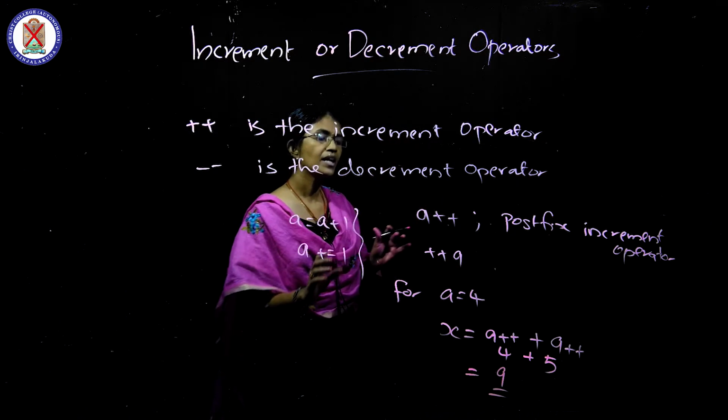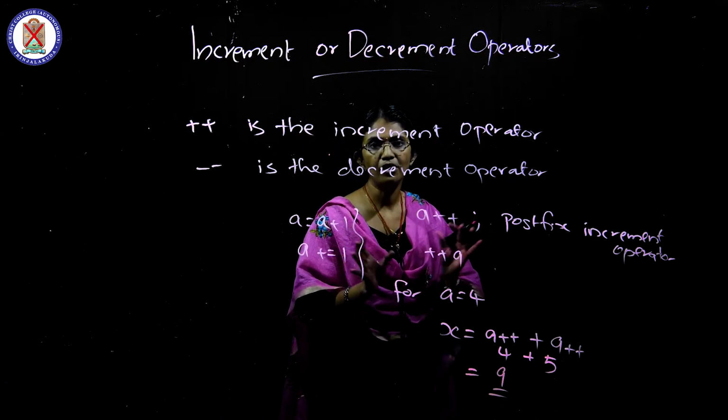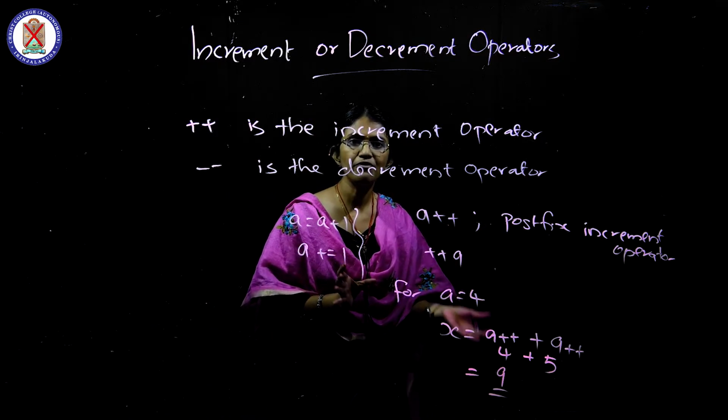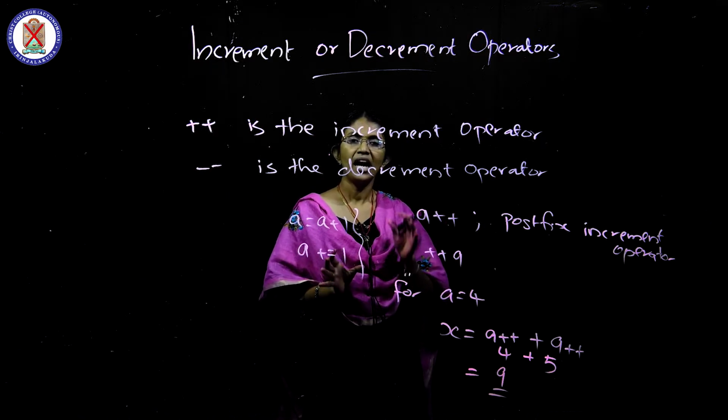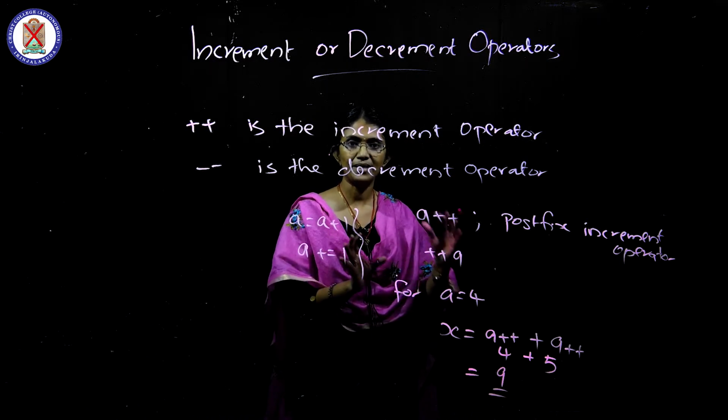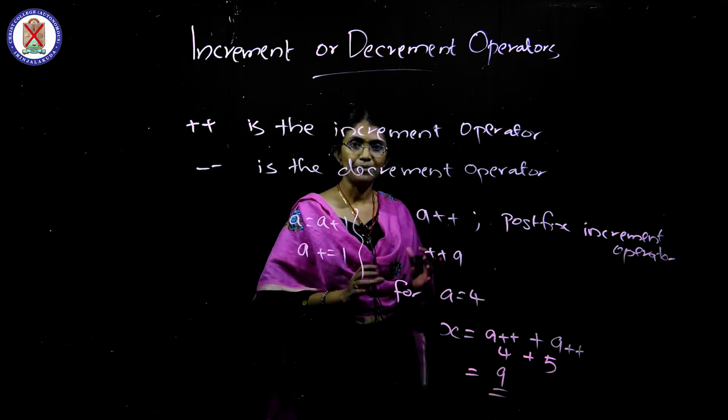I repeat, in the postfix increment operation, the assignment or the evaluation of the expression is done first. After that, the incrementation of the variable is done.